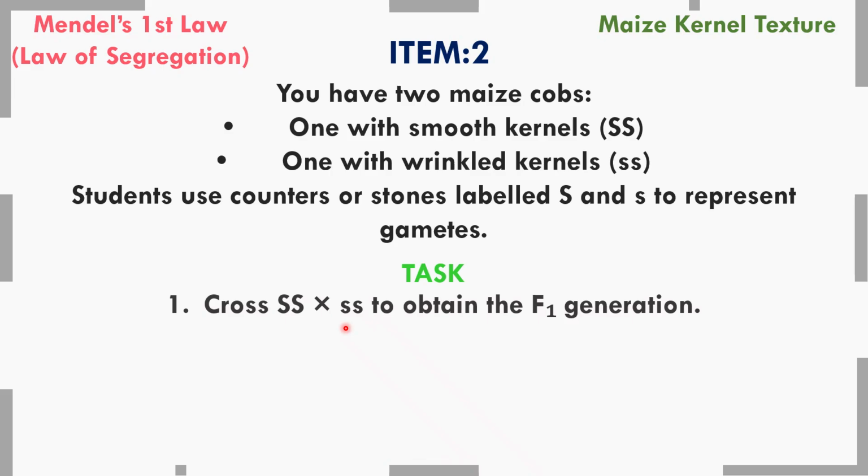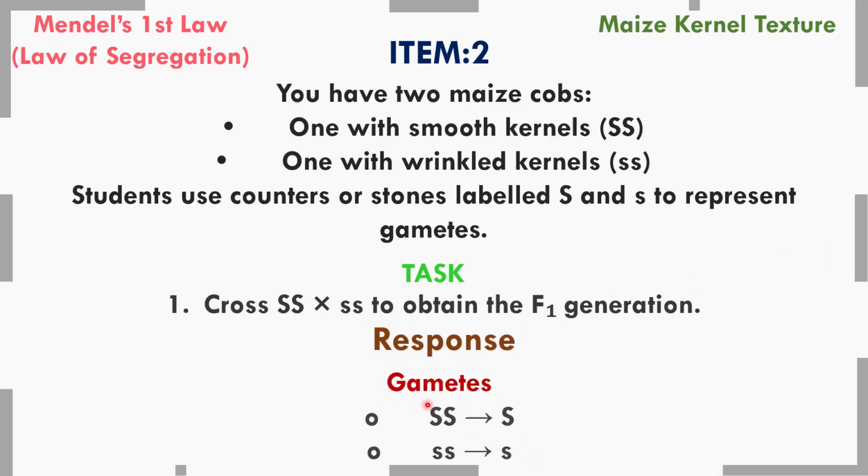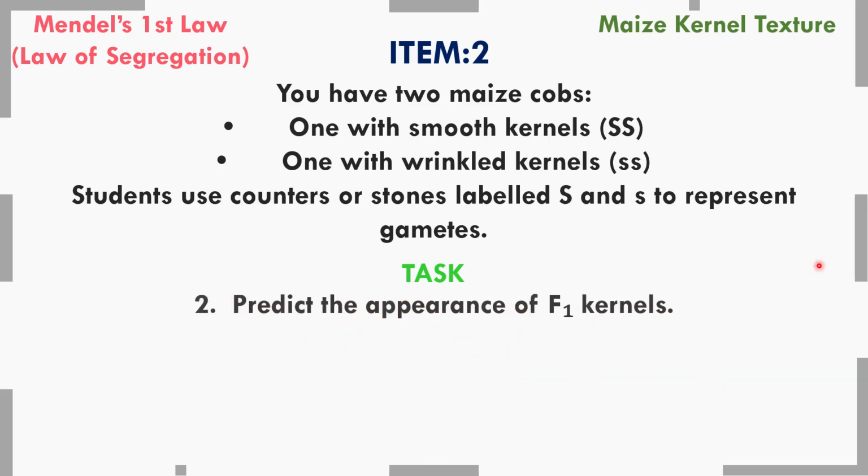Cross capital S with small s to obtain the F1 generation. Gametes: capital S will give us gamete S, small s will give us gamete small s. Predict the appearance of F1 kernels.